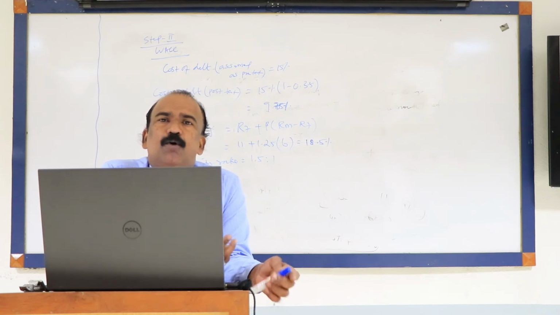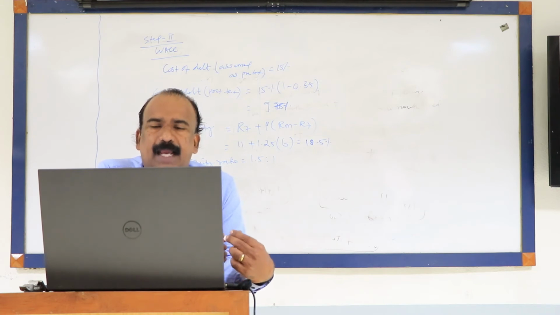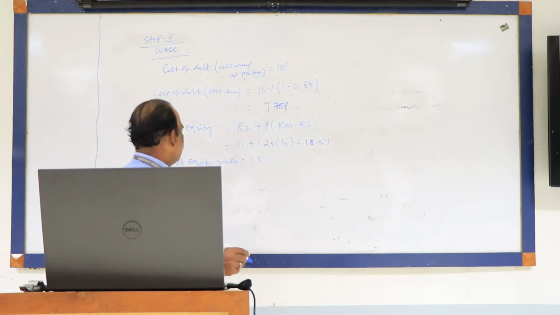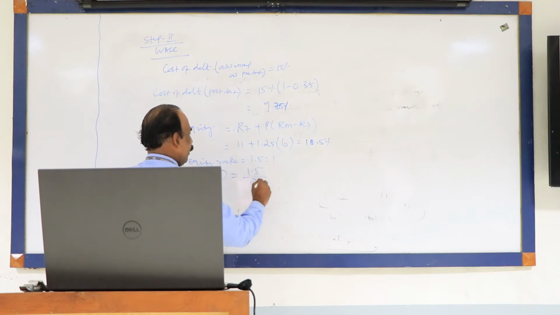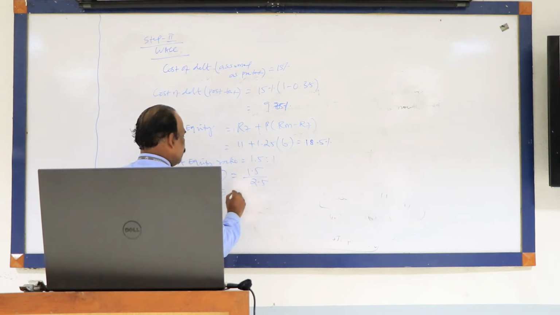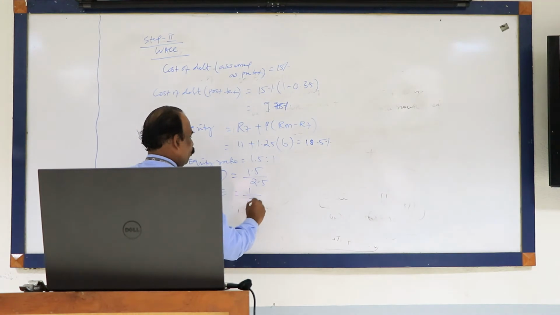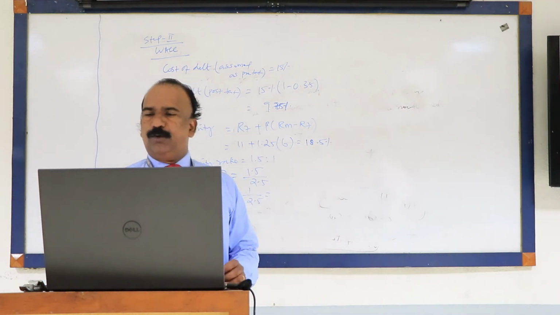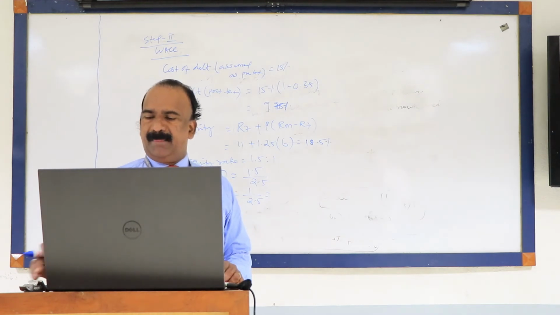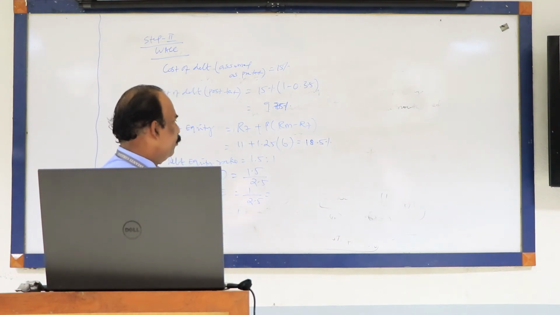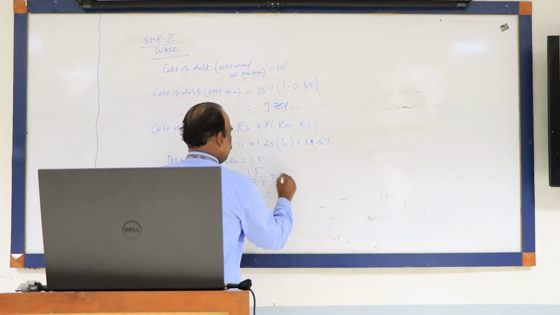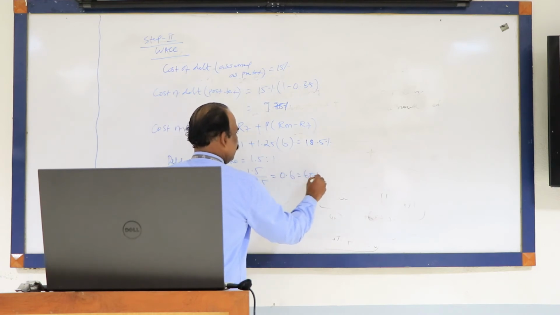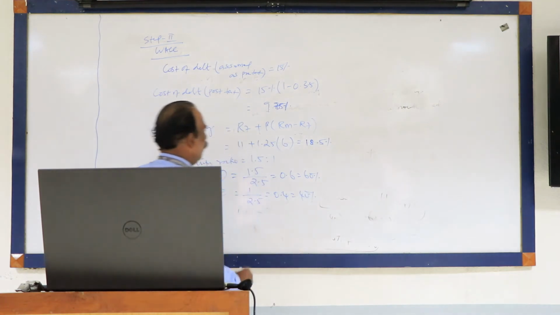The debt component is more in the high growth period. So D is 1.5 divided by 2.5, and E is 1 divided by 2.5. That gives 60/40, so 0.6, that is 60%, and 0.4, that is 40%.